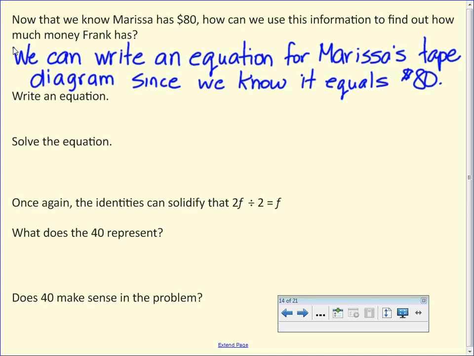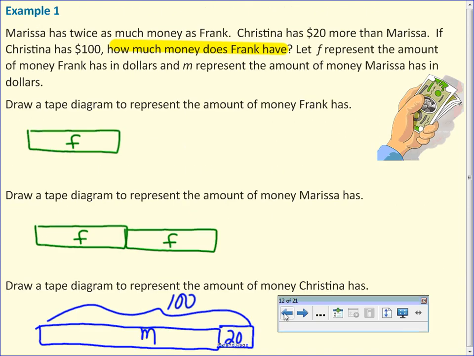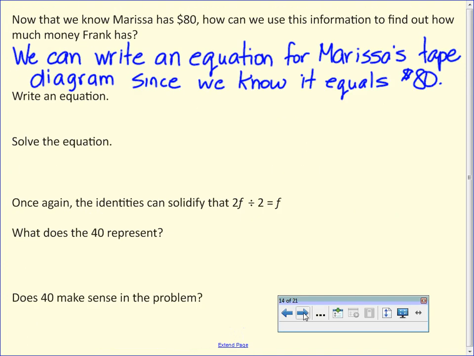So what equation can we write for Marissa's tape diagram? Here's Marissa's. We know that it equals $80. So how am I going to turn that into an expression?